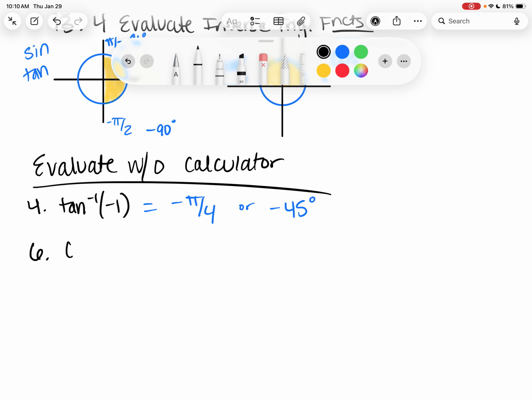Six, we have the inverse cosine of negative 2. So I go to my unit circle and I find where cosine is negative 2. Is that on there? If it's not on there, then we write undefined.